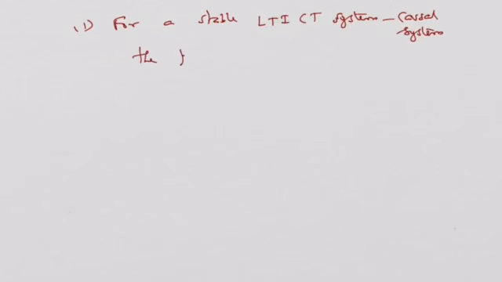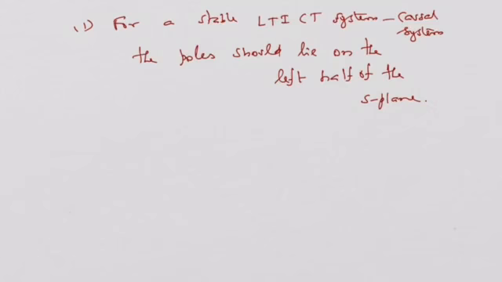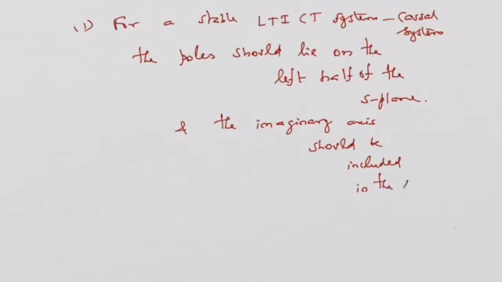For a stable LTI CT system that is a causal system, the poles should lie on the left half of the S plane, and the imaginary axis should also be included in the RoC.